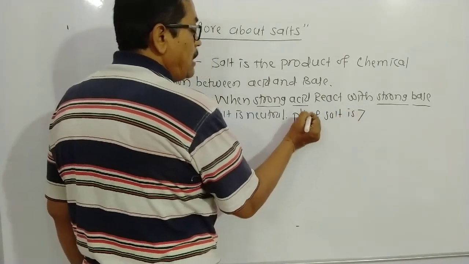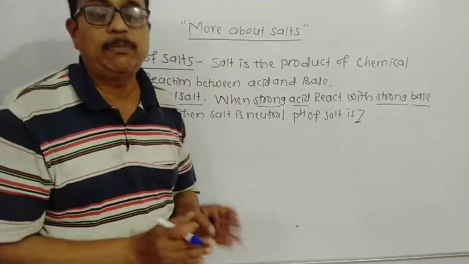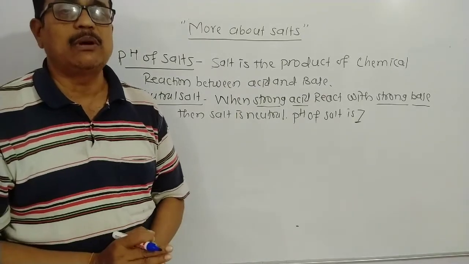If the pH value is 7, then that indicates a neutral salt.